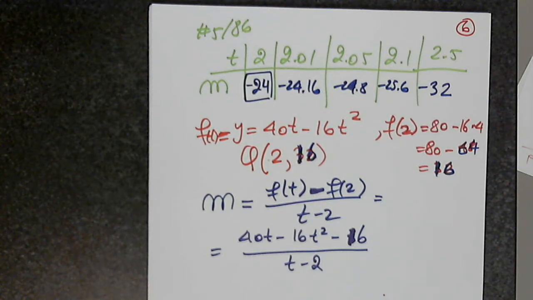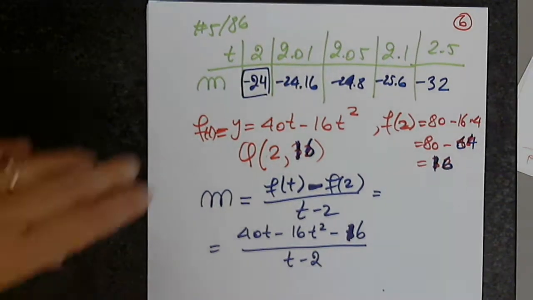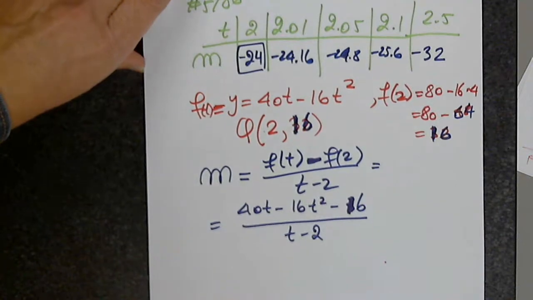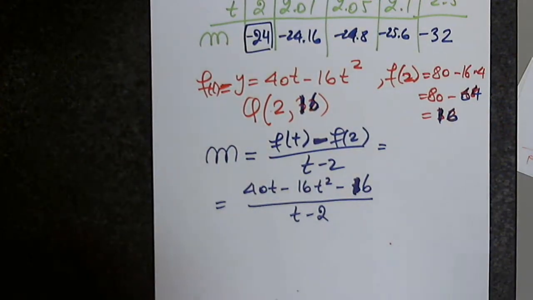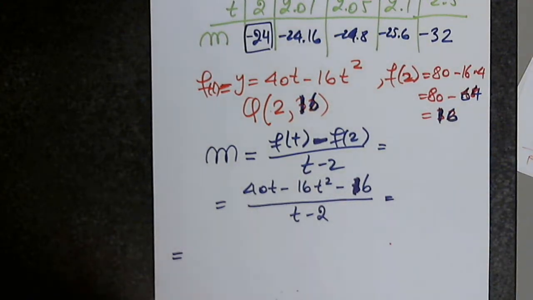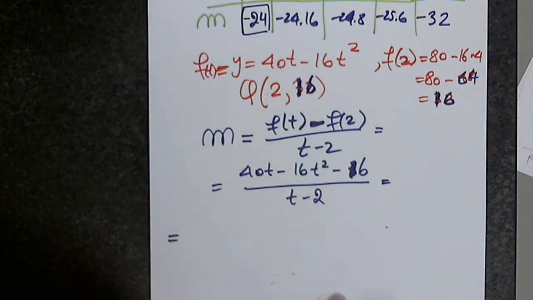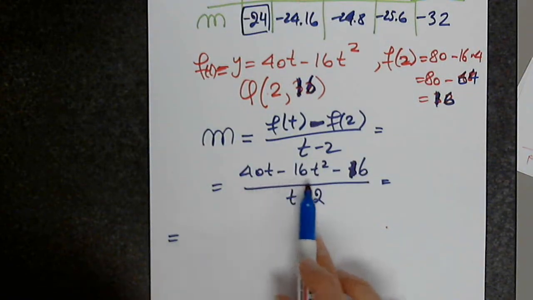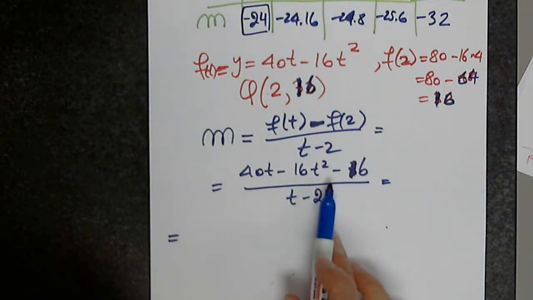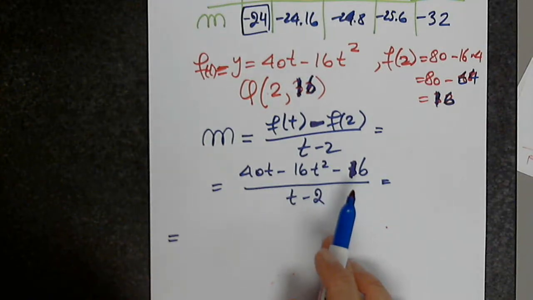Okay. So we have this. This is the slope of the secant line, correct? Okay. So the next step would be to look at the numerator and say, well, first of all, it's not arranged in descending order.